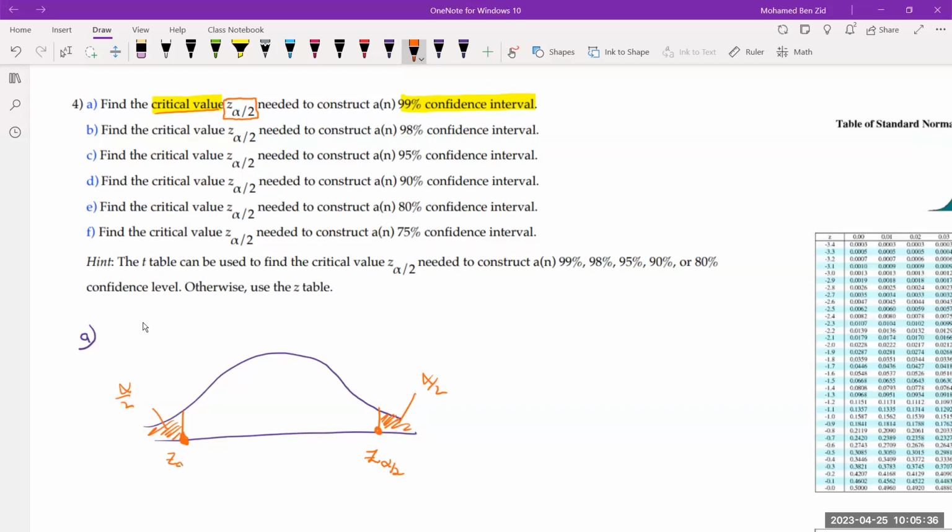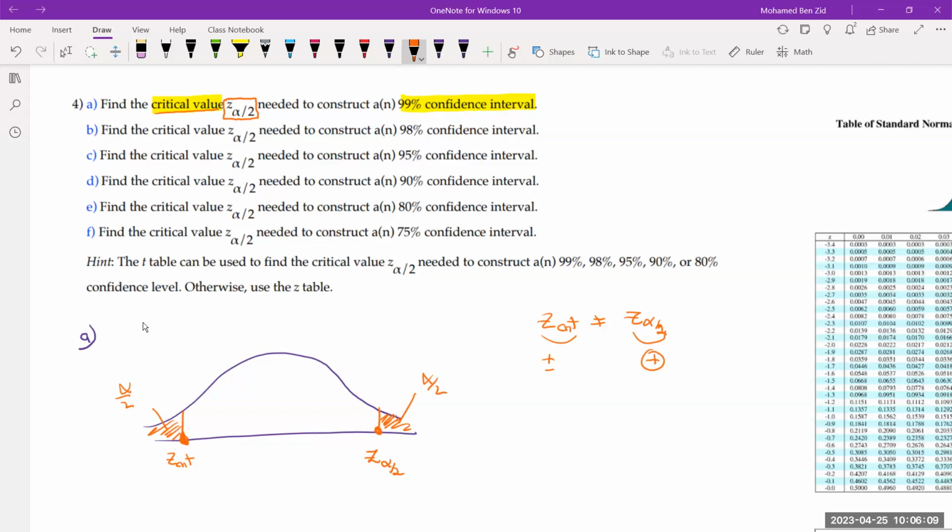One here and one here. So Z critical is different from Z alpha over 2. Maybe this is a typo or something, but they are not the same thing. So Z alpha or Z alpha over 2 is always positive. And Z critical could be positive or negative, or one of them or both of them, right? Anyways, let's look for the value.